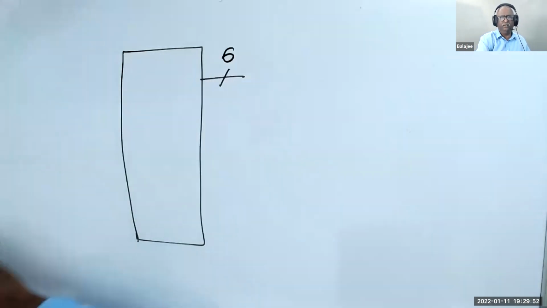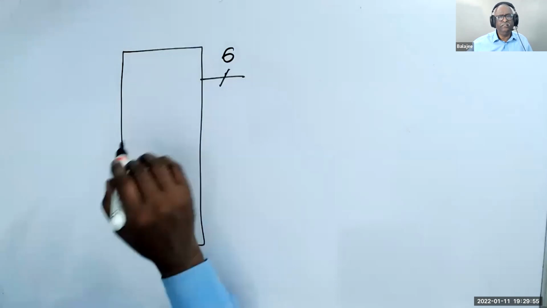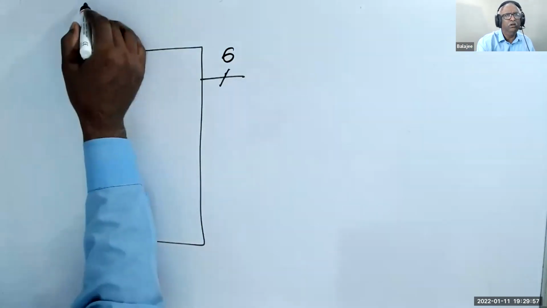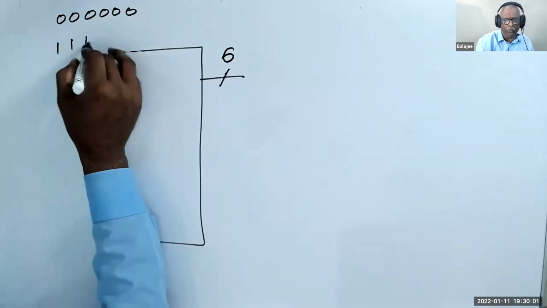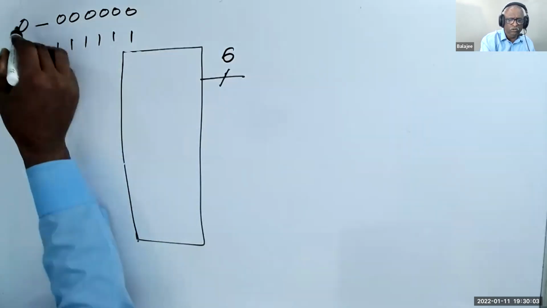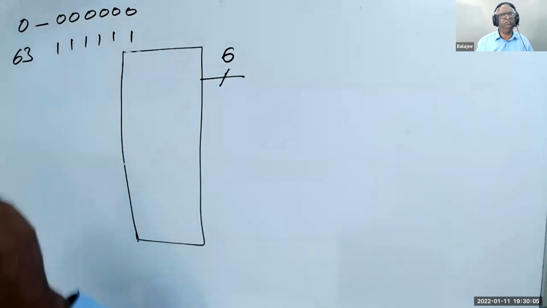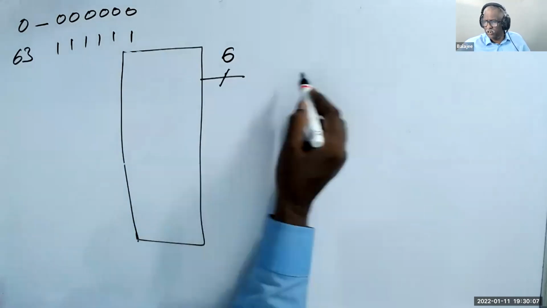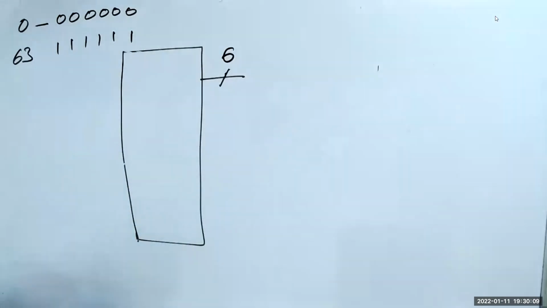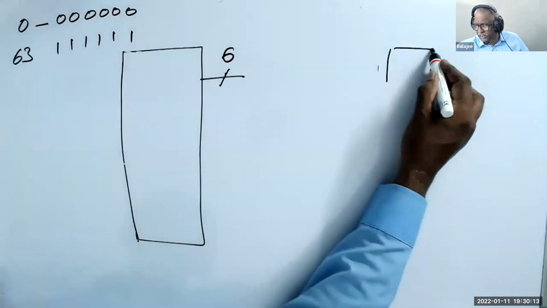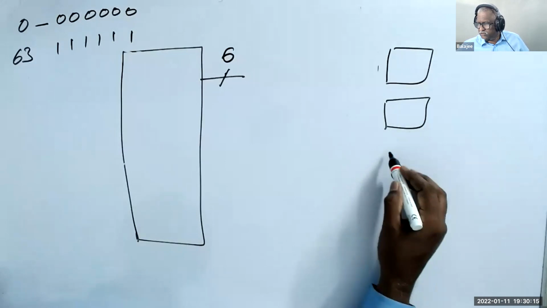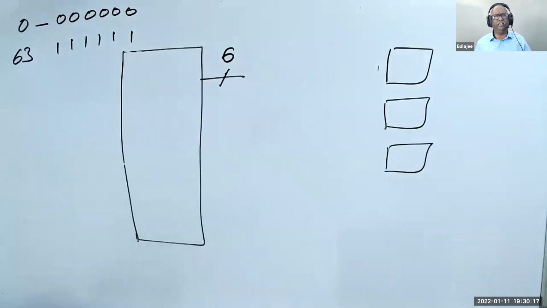To understand, that is easy. 6 means your combination is from 0,0,0,0,0,0 to 1,1,1,1,1,1. That is 0 to 63. That's it. You have only 64 locations. Now, it means that you have 64 units outside. 64 units. Please understand.